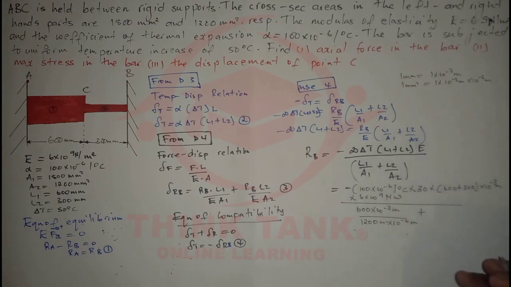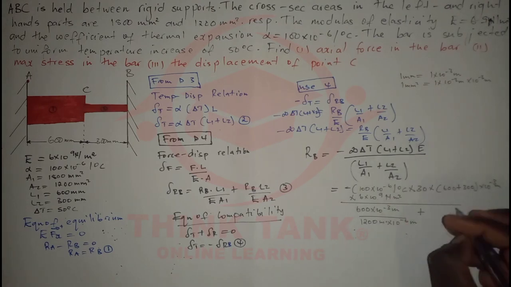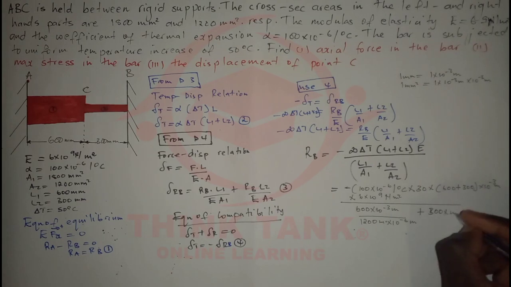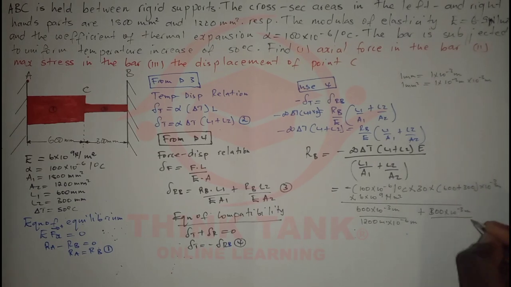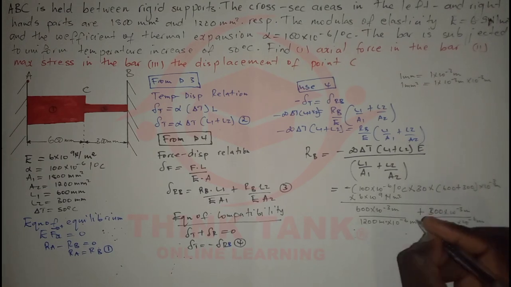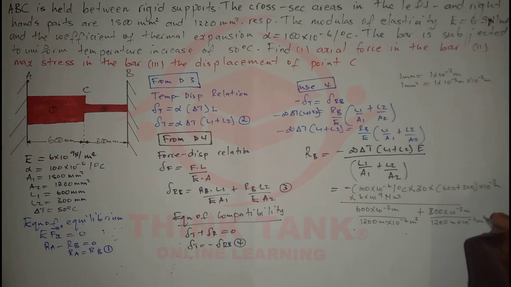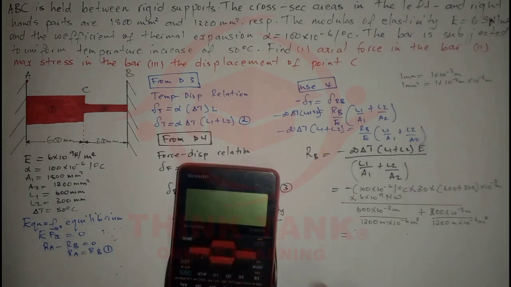And now for L2, which is 300 millimeters, that is 300 times 10 to the power negative 3 meters divided by 1200 times 10 to the power negative 6 meters. Since it's the area, we have to put squared right here.